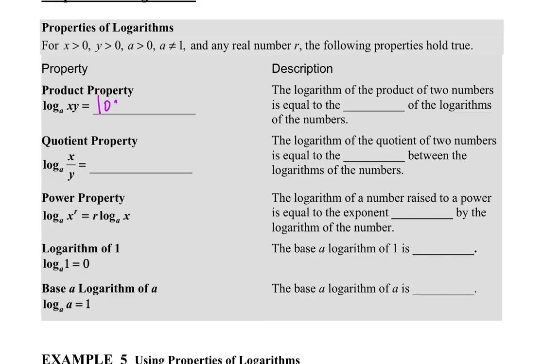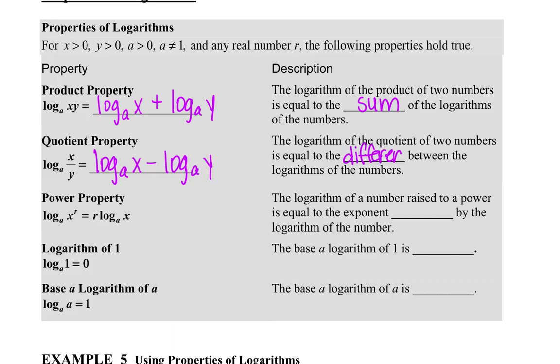So you would have log base a of x plus log base a of y. This would be the sum of your two logarithms. If you are dividing them, then you are going to subtract them. So we would have log base a of x minus log base a of y, and you would find the difference.